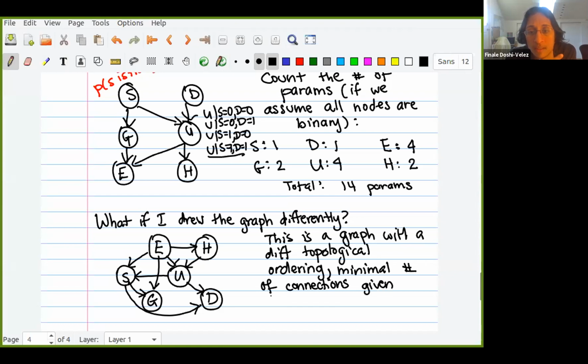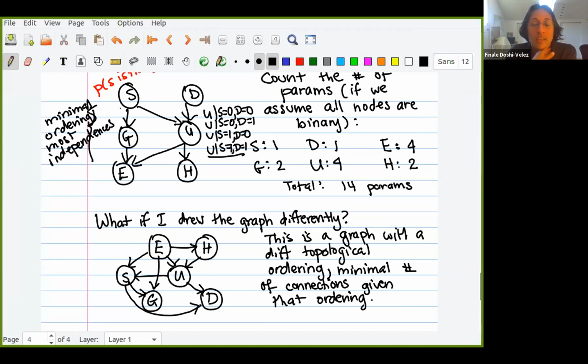given that ordering. So suppose that this ordering is kind of the minimal ordering. Minimal ordering kind of has the most independencies in there, right? What happens if I try to take this graph and I impose a different ordering, a different sorting on the variables?